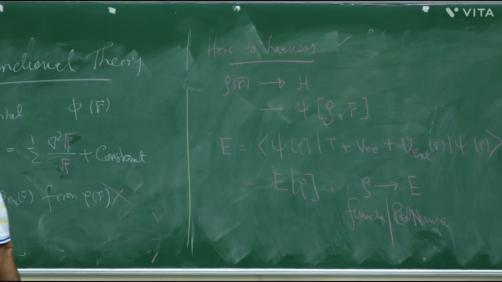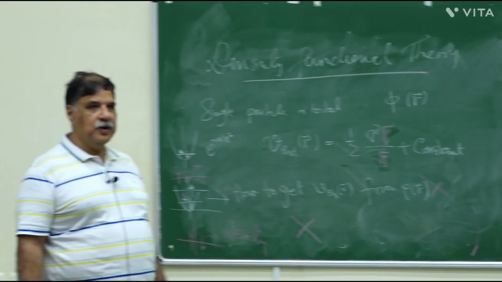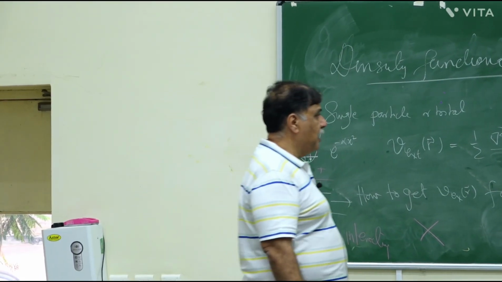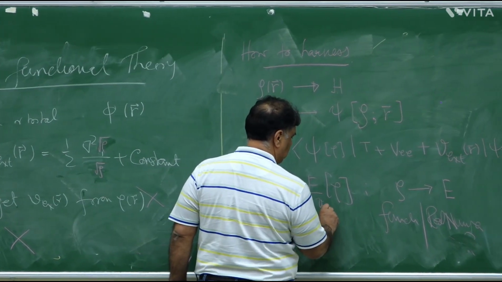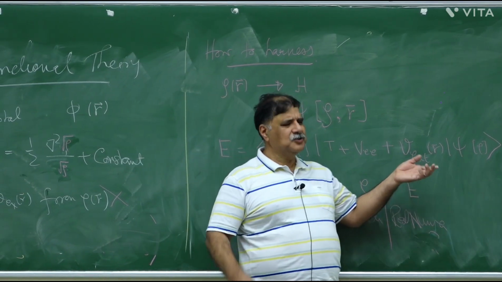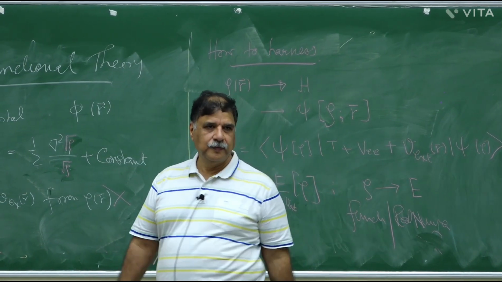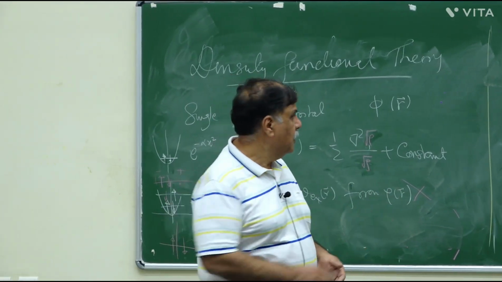That's why it is called density functional. Alright? So now I know rho. If I am given a rho, I can calculate the energy, and I am going to keep V external. Although in principle you can get from rho to V external, I'll assume it's given. Okay? So it's a functional of rho.